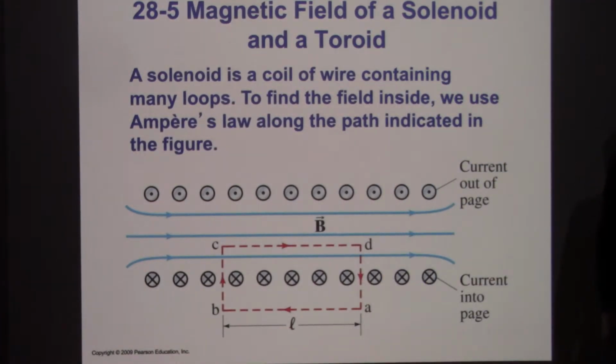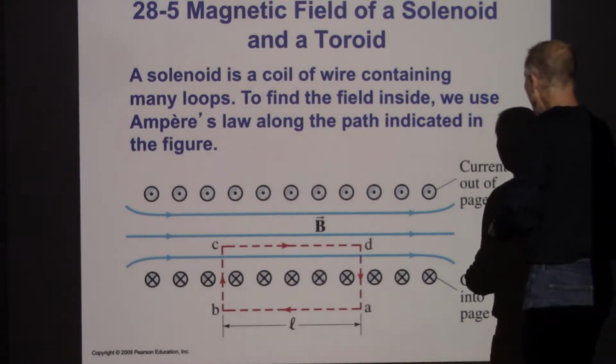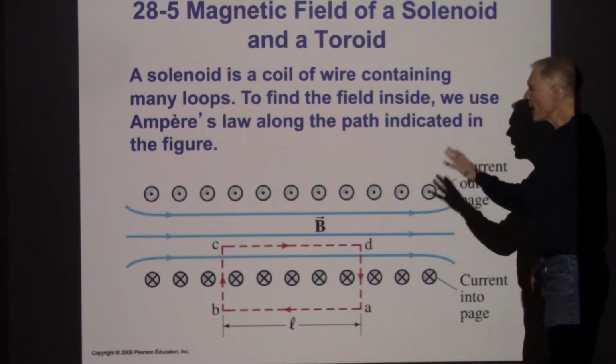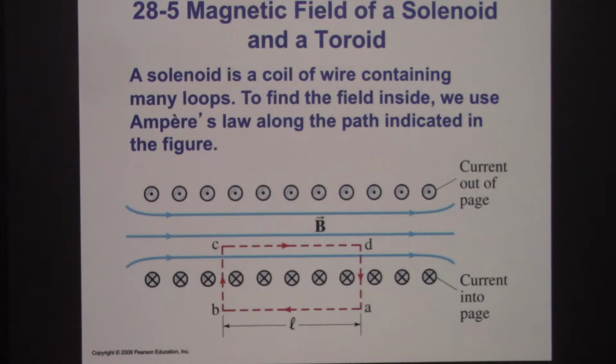So I'm going to get this concentrated magnetic field through the central region of the solenoid, and then out the ends the magnetic fields are going to spread out. And those magnetic field lines spreading out tell us that the strength of the magnetic field is dropping off significantly, pretty fast.